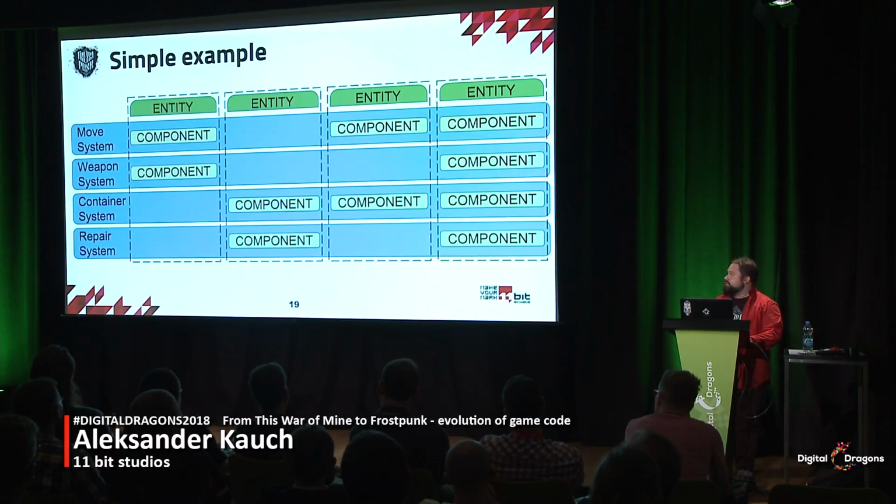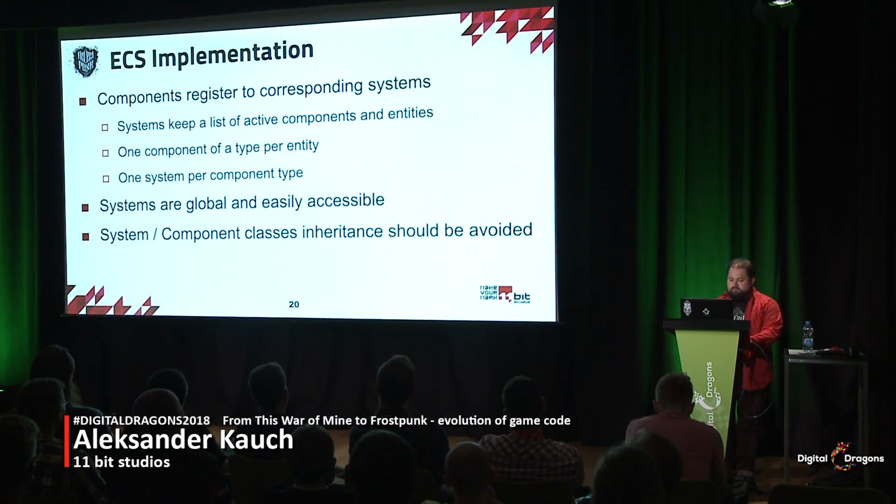Simple example: we've got the blue rectangles, which are systems. They go horizontally through entities, and entities only contain components with data, and systems work on that data inside components. Components are registered in their systems, so systems keep a list of active components and entities so that they can work on them.